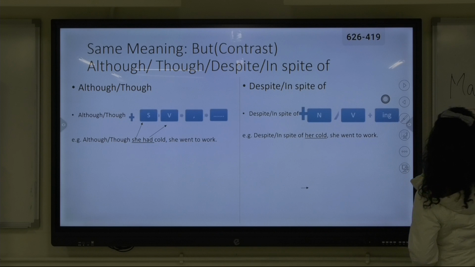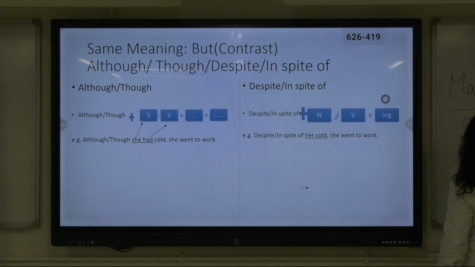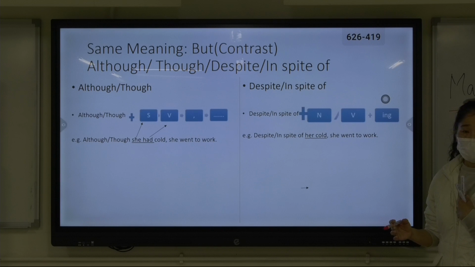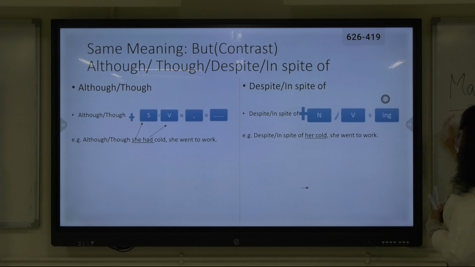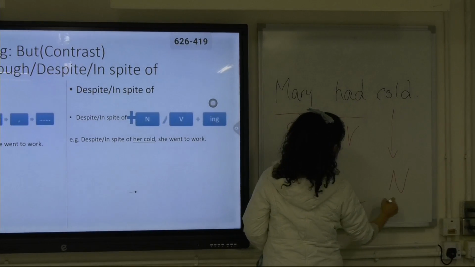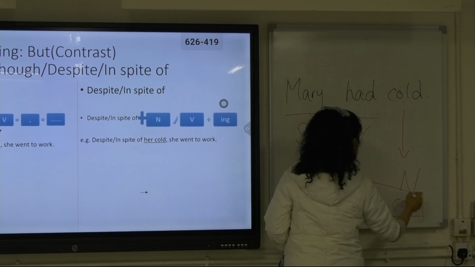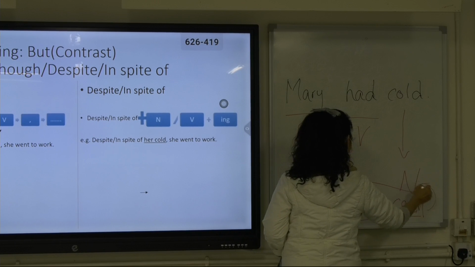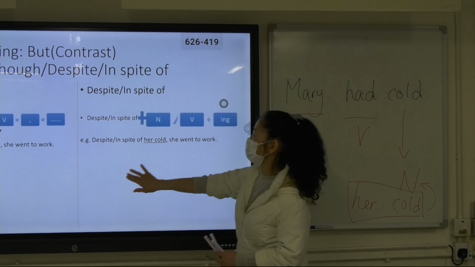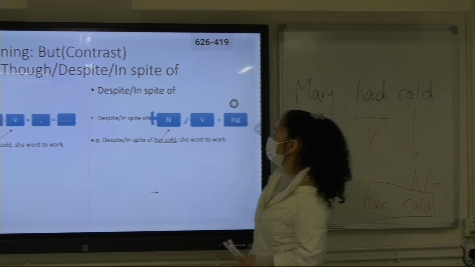Now, who got the cold? Not me. It's Mary. Cold is the noun. I would like to emphasize it's not Miss Long's cold, not my cold, it's Mary's. Mary is a girl, so it becomes her cold. So her cold is a noun.